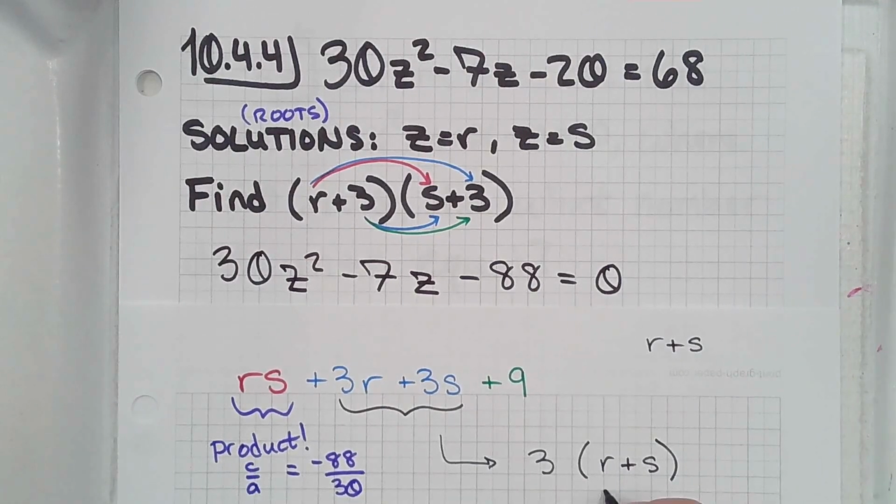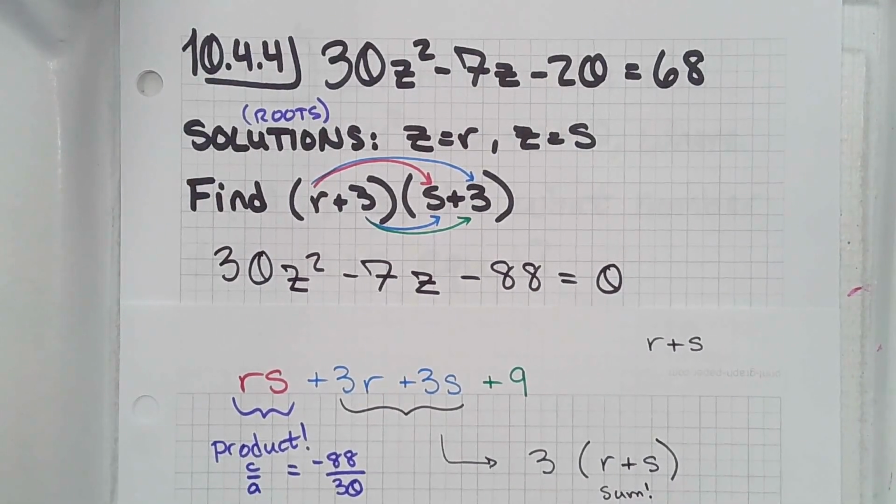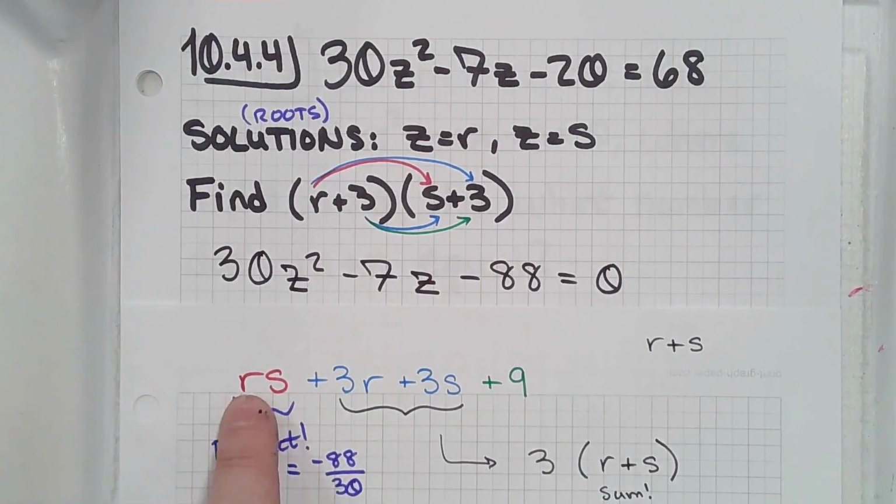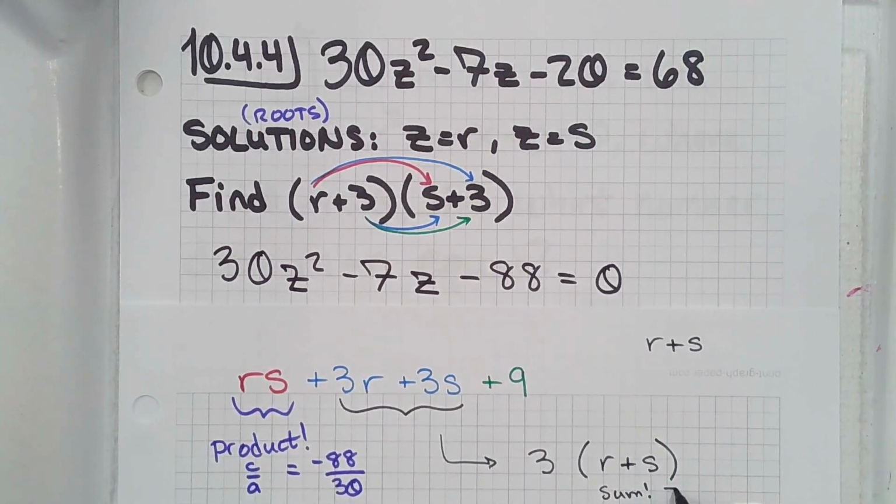So if only we knew the sum, we could replace it without even needing to know what R and S are. Just like we don't need to know what R and S are to know that they must multiply to negative 88 over 30.